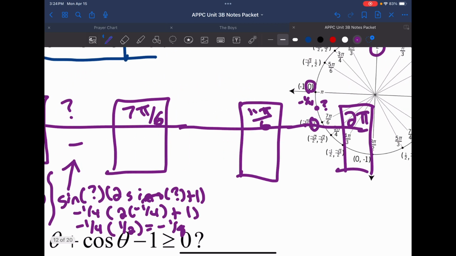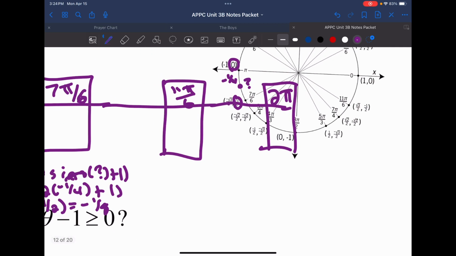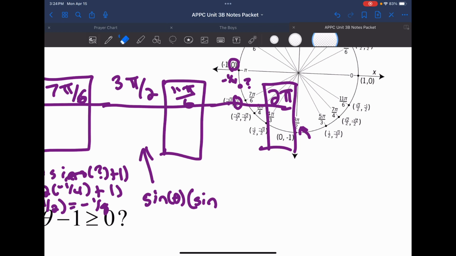Then between 7 pi over 6 and 11 pi over 6, I'm just going to choose 3 pi over 2. And 3 pi over 2 is easy because that's a nice value. So I've got sine theta times 2 sine theta plus 1. Instead of writing theta out, we'll just plug in 3 pi over 2. Sorry, I'm making a lot of mistakes here at the end of the day.